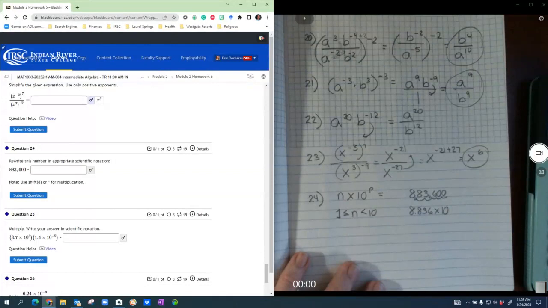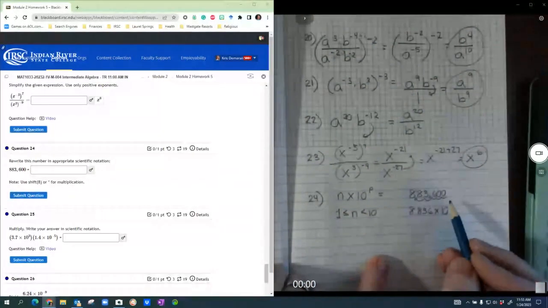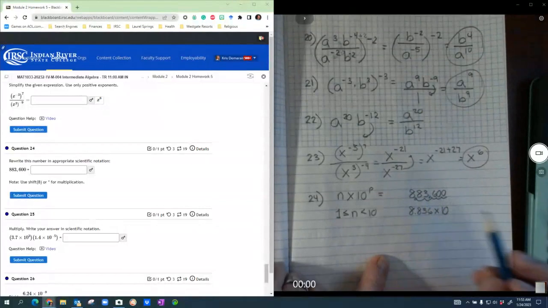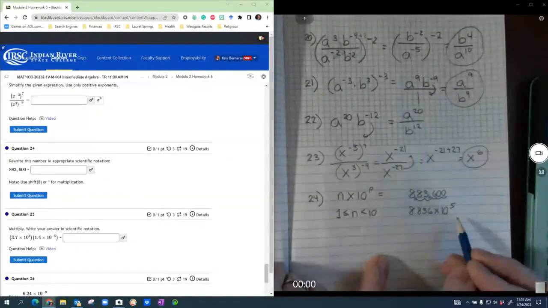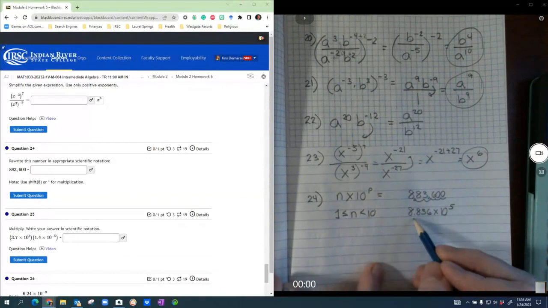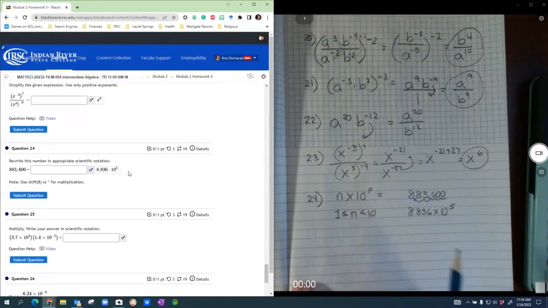Do I have a handout? All right, it looks like we're all good. All right, and then when I move this over 5 units, 1, 2, 3, 4, 5, I have to go ahead and put a positive 5 for that. Okay. So that's the answer we're looking for on that particular question. So there's the answer we're looking for.